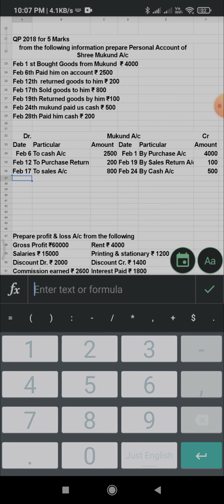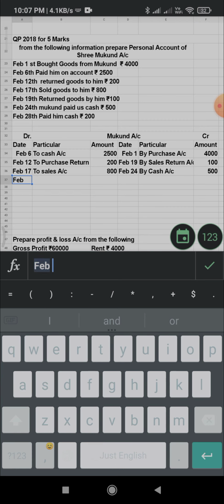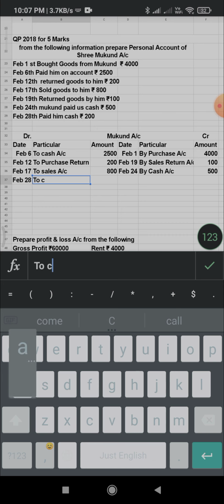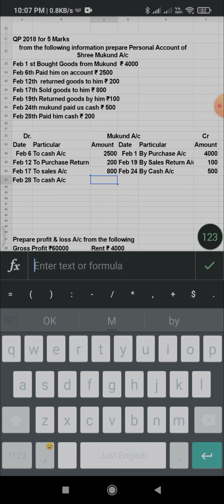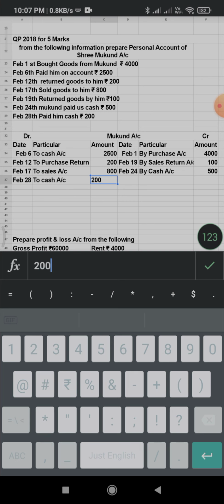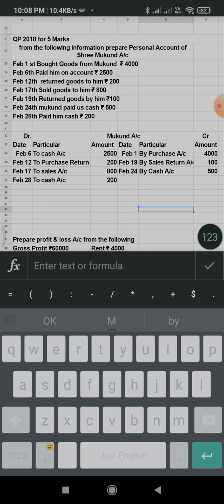So for the last entry, February 28th, we'll write to cash account. The amount is 200. The entry is Mukund account debit, cash account credit.